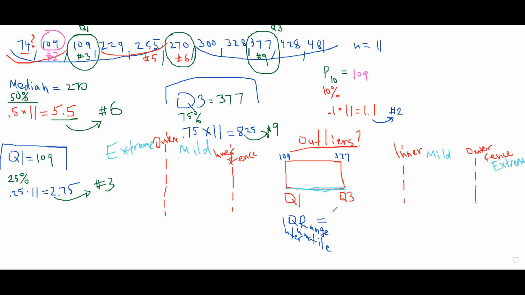So all I have to do is just get the largest, and actually this is my Q3, and subtract the smallest, which is Q1. So it looks like we have those two numbers already. They are 377, and I want to subtract from it 109. Right? And of course, you can use a calculator to subtract. I can just try to subtract it without it. So it'll be 268, looks like, right? Something like that. 268.